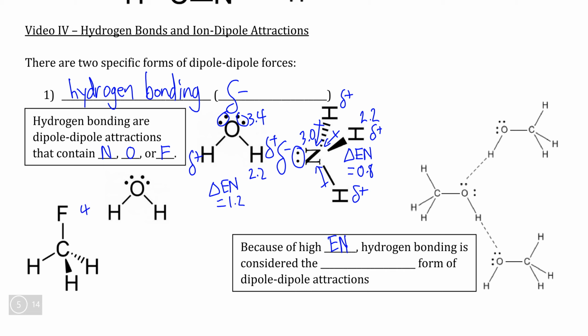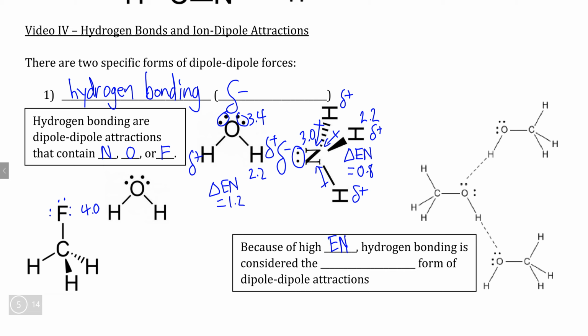Fluorine, of course, is special because it has a higher electronegativity than any other element on the periodic table, and unlike oxygen and nitrogen, it has three lone pairs, giving it even more negative charge compared to the oxygen and nitrogen in water and NH3.